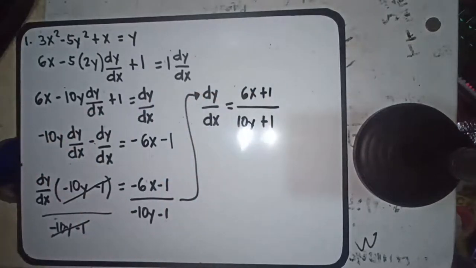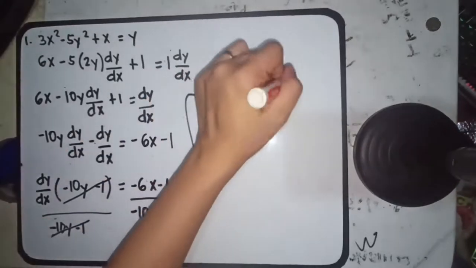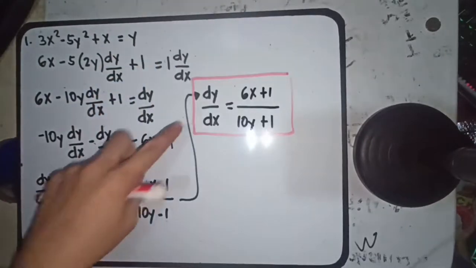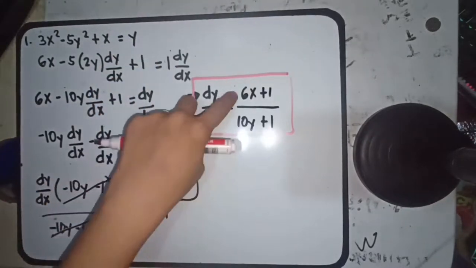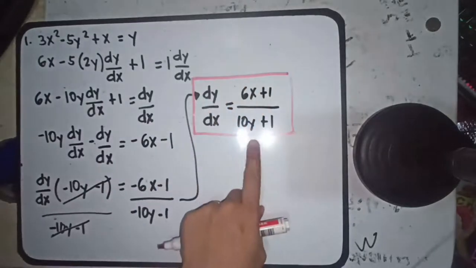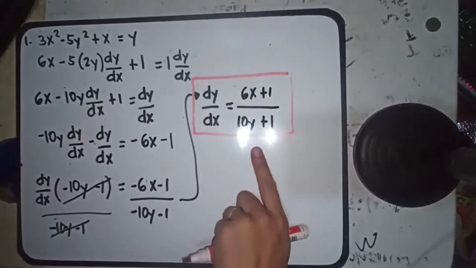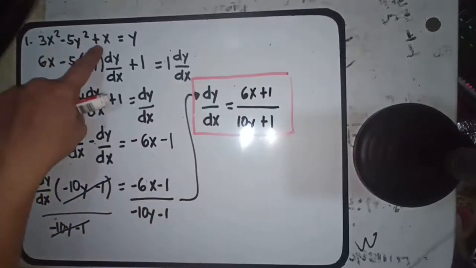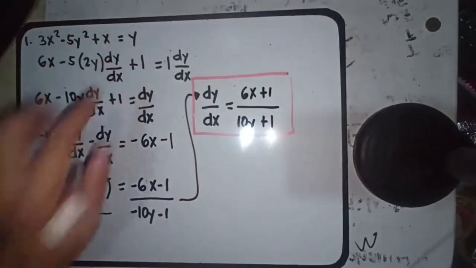Wala naman tayo mag-simplify. Therefore, this is the final answer or derivative of the function given. So, we have dy over dx that is equals to 6x plus 1 over 10y plus 1. Mao ni ang derivative ni 3x squared minus 5y squared plus x that is equals to y.